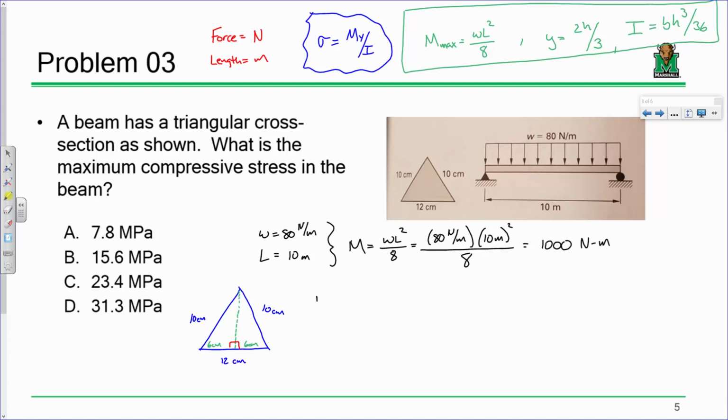So the height is 8 centimeters, or 0.08 meters. And then the base is 12 centimeters, or 0.12 meters. And so from b and h, I can get that y is 2h over 3, so 2/3 of 0.08. And then I is bh³ over 36.